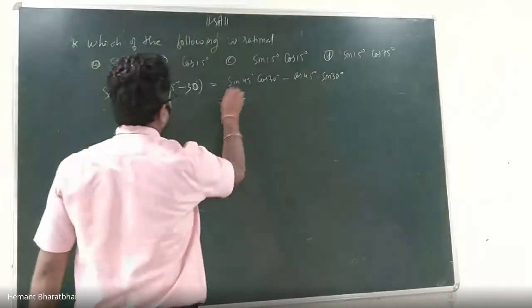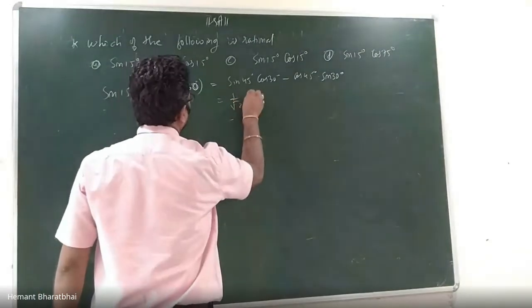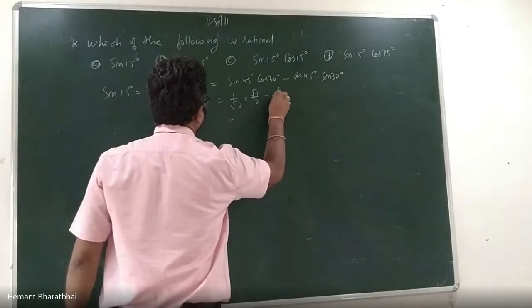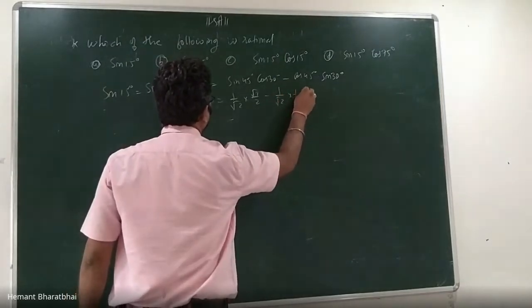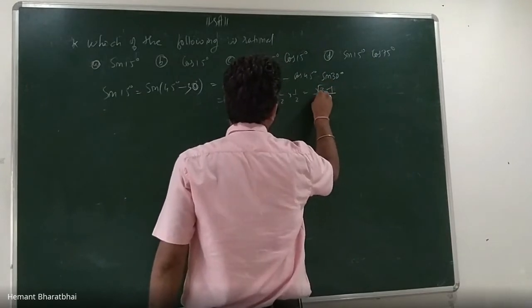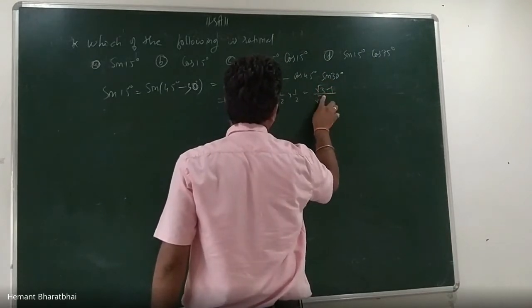So that will give me 1 by root 2 into root 3 by 2 minus 1 by root 2 into 1 by 2. If you remember, you get root 3 minus 1 upon 2 root 2.